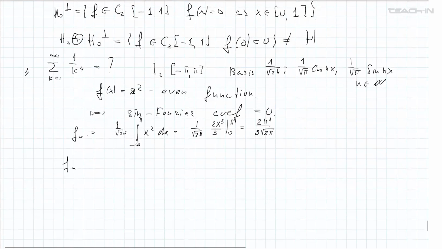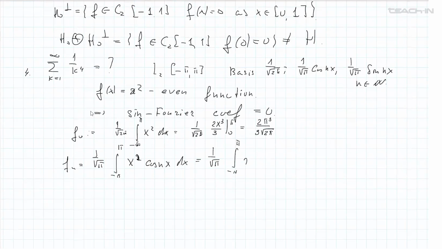So Fn equals 1 over pi, integral from minus pi to pi of x square cosine nx dx. We need to calculate by parts 2 times.